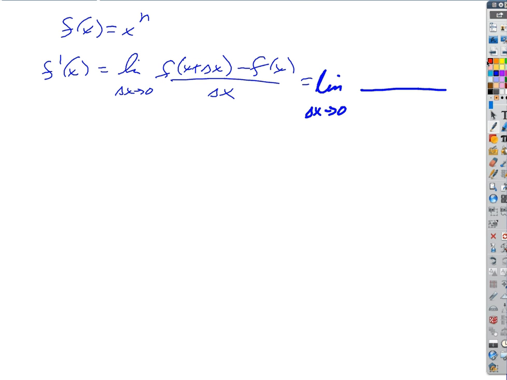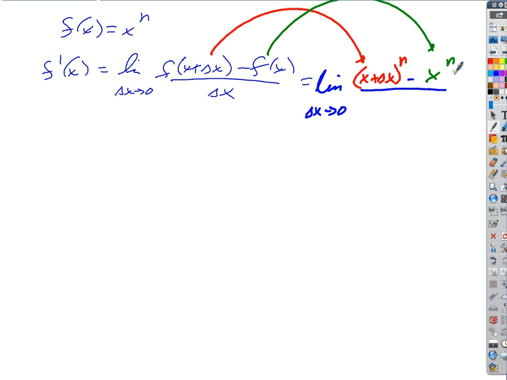What is this part gonna be? f of x plus delta x. x plus delta x to the n, minus x to the n, okay? All over delta x as delta x goes to 0. Now, do you see, is there something about that that seems a little puzzling?